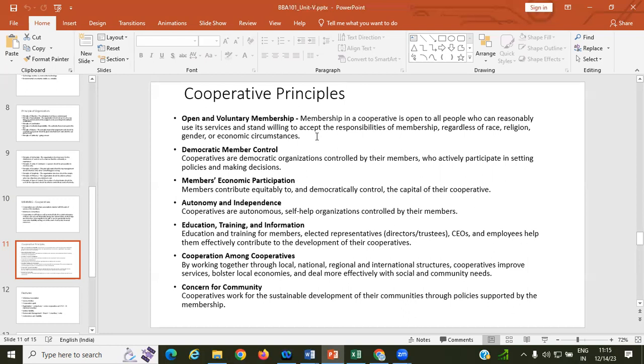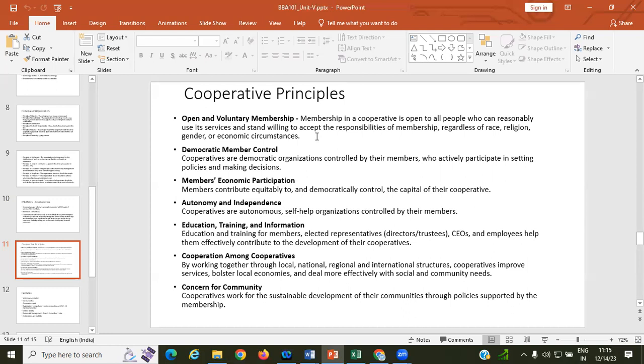Democratic member control. The meaning of democratic is through voting. Our country, our government, is a democratic government. That means you select your local representative, whoever your ruler, your MLA, minister, prime minister, sarpanch, you select.